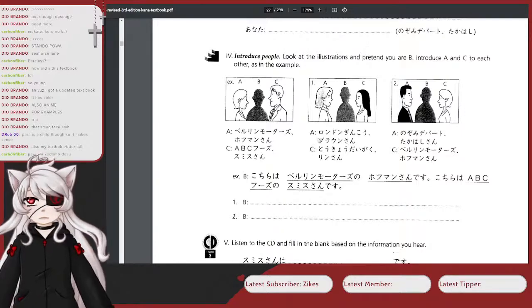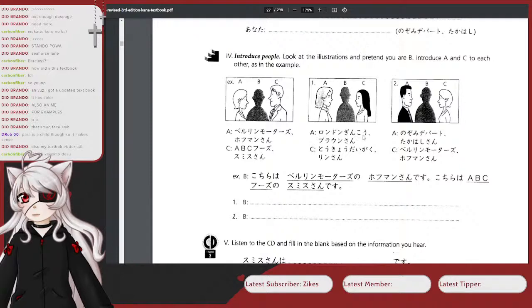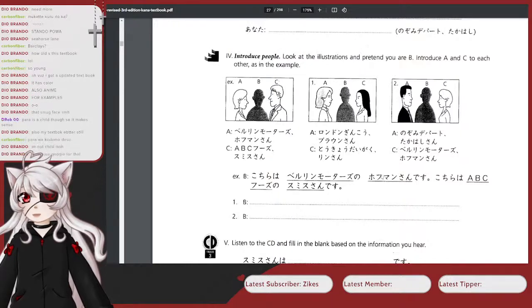So in the examples we have kochira wa London Ginko no Hoffman-san desu.